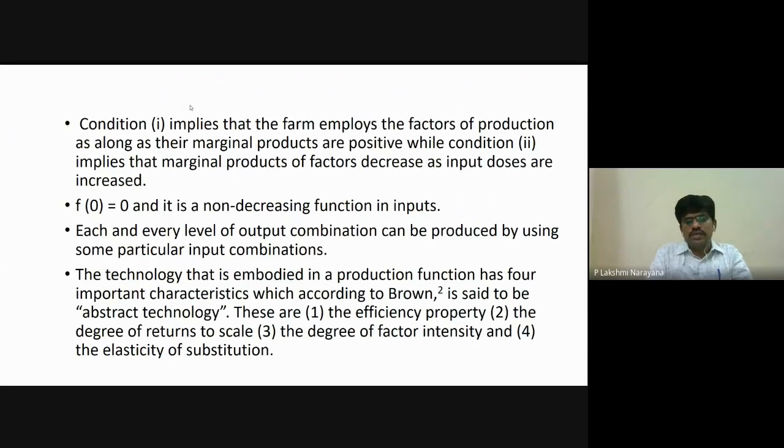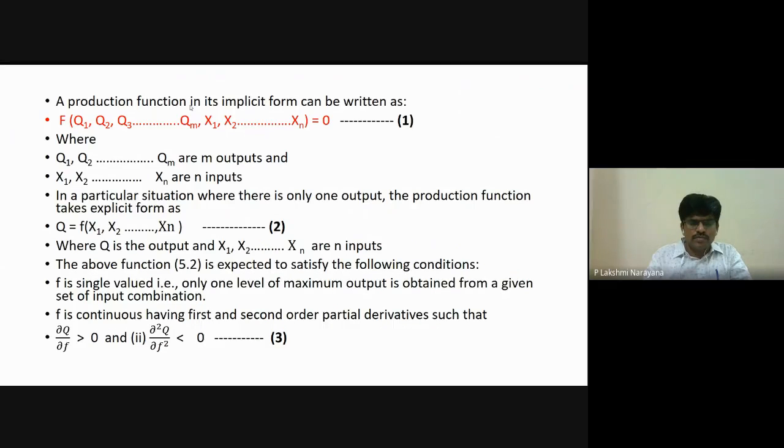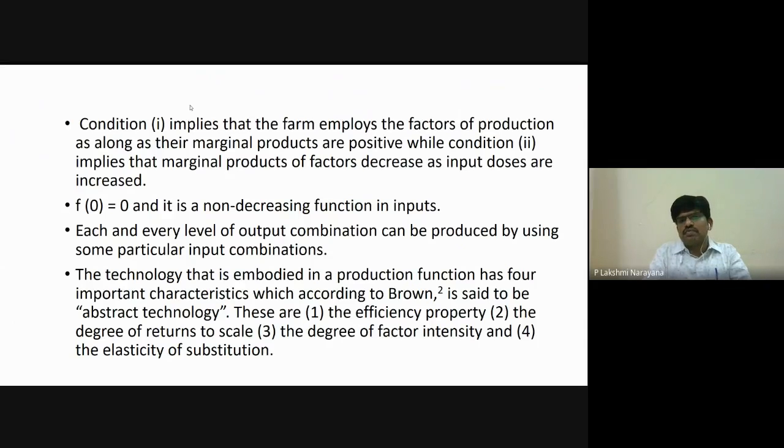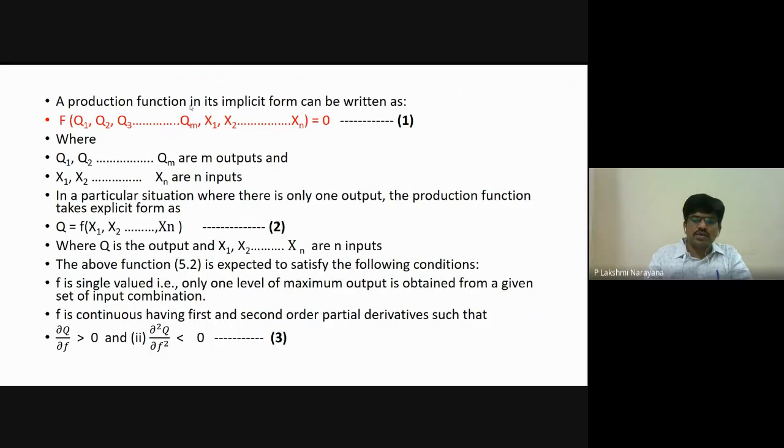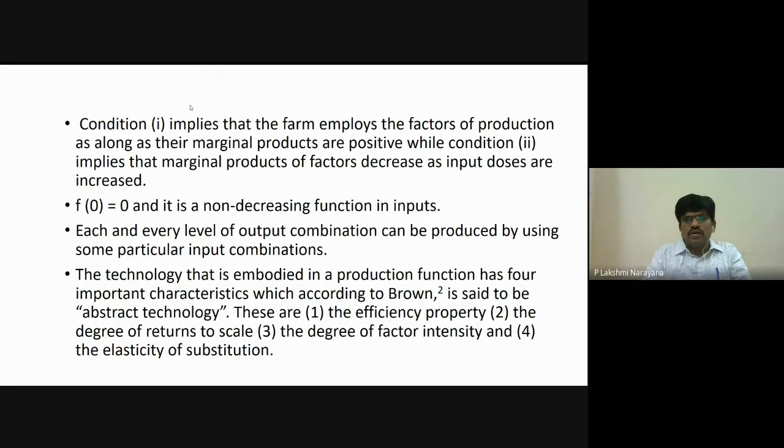Condition 1, that is ∂q/∂f greater than 0, implies that the factors of production are useful as long as their marginal products are positive, while condition 2, that is ∂²q/∂f² less than 0, implies that marginal products of factors decrease as input doses are increased.